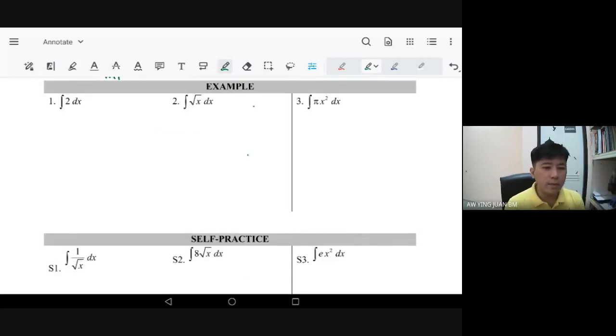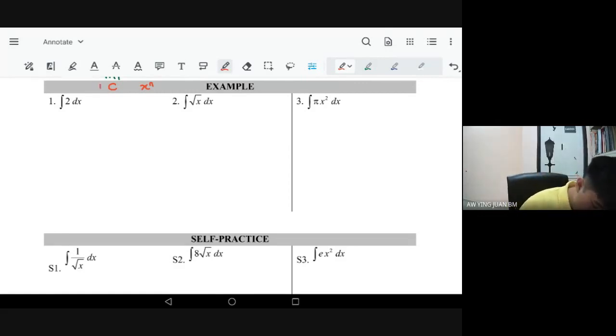Bila kita bincang tentang example ini, saya nak tengoklah kita nak guna constant ke X to the power of N. Kita ada dua pilihan. Kita ada constant, kita ada X to the power of N. So, bila you integrate, you kena clear. You tengah guna type 1 atau type 2.